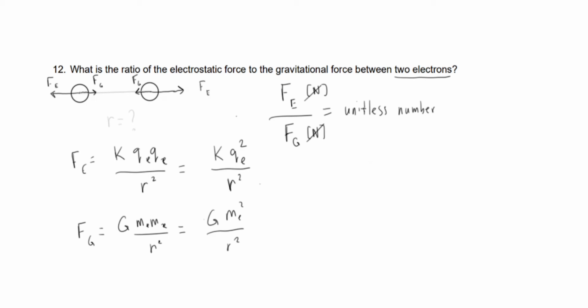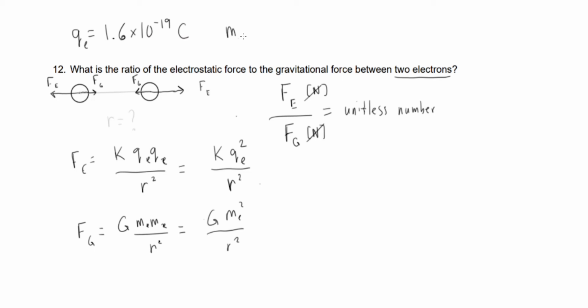We mentioned before we don't know what R is. Now, Q_E and M_E are quantities that are known, and if you don't know them, let's look them up. I'm going to write them down up here, just as a reference. The charge of an electron, you're responsible for knowing, is 1.6 times 10 to the minus 19 coulombs.